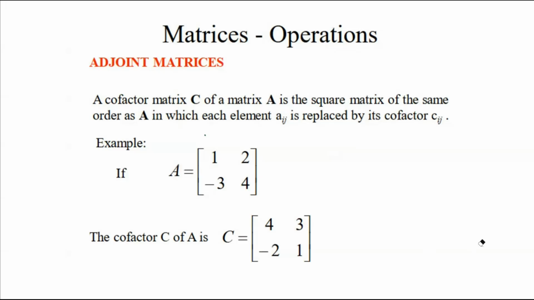So the cofactor of this matrix is this. But then you have to transpose this. Right? If you were to transpose this, you will get the 4, minus 2, right?